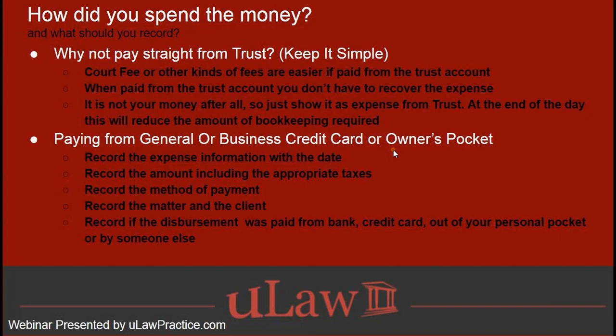From a general accounting perspective, if you've not used your company's general account, if you've not used your company's business credit card, if you have used your personal credit card, personal debit card, personal cash, whatever it may be, then it's very important that you capture that and tag it as your owner's pocket, or the money that's come out of your personal funds, so that it's easier to reconcile and have a better appreciation for how much the business, the legal firm, owes you, the individual, for all those expenses that you as the individual incurred. Okay?